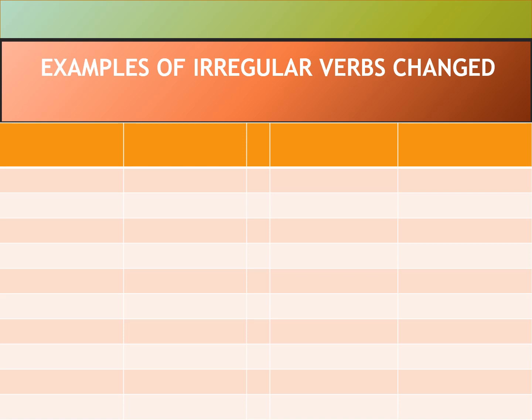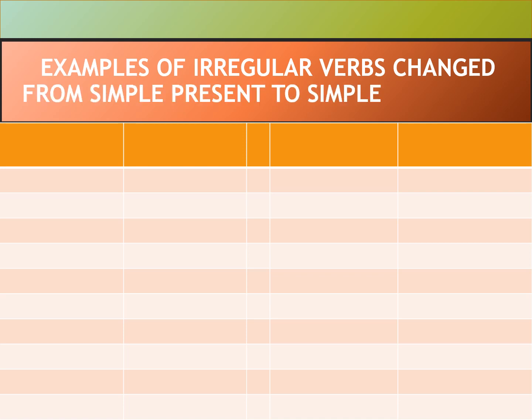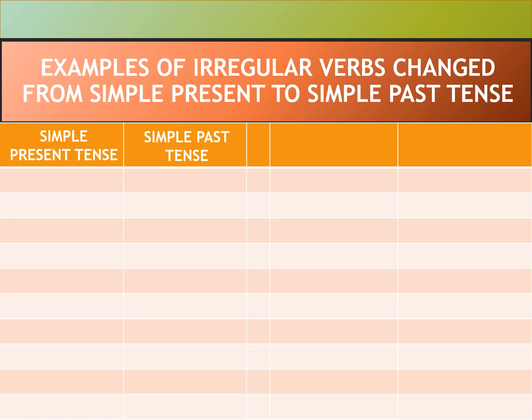Examples of irregular verbs changed from simple present tense to simple past tense. So let's have first these 2 columns, the simple present tense and the simple past tense.